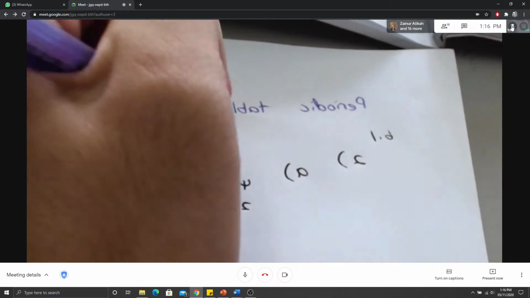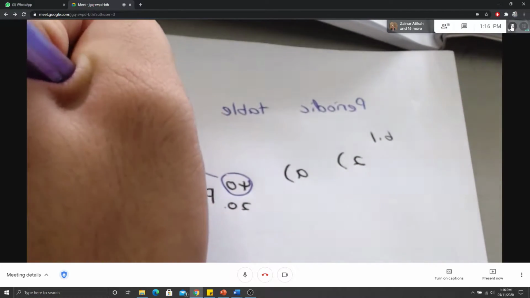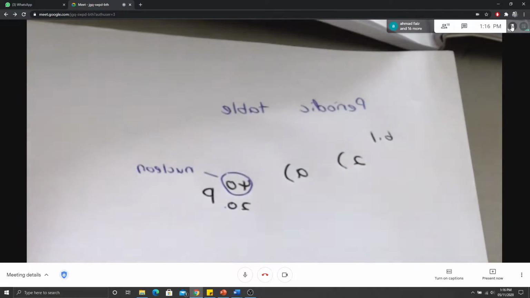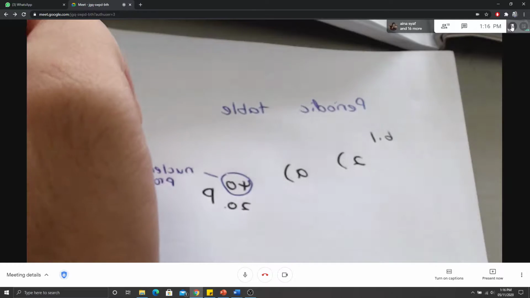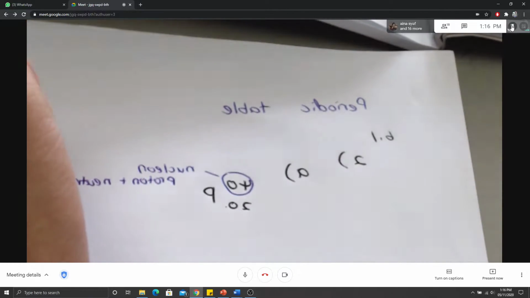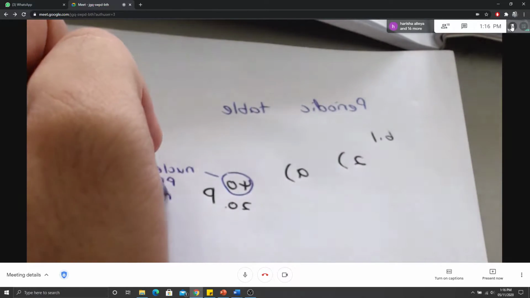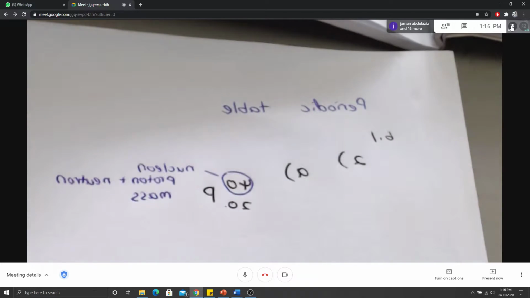Okay, right. This is the nucleon number. The nucleon number is the number of proton plus neutron, or people call it the mass, the molar mass.